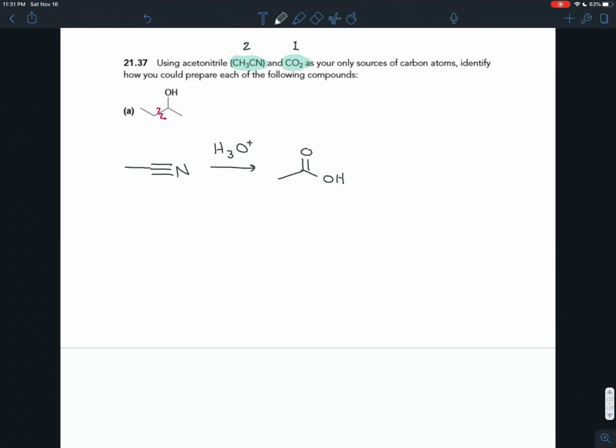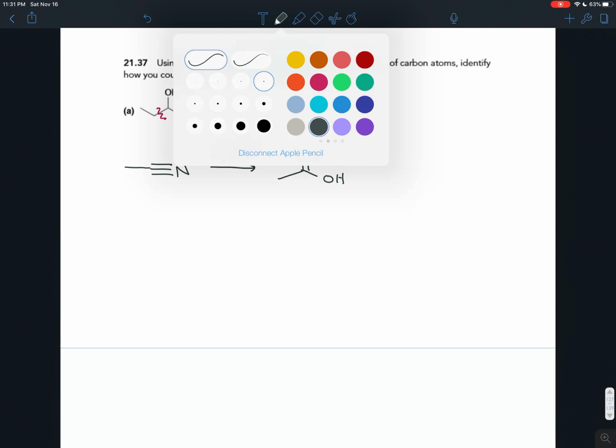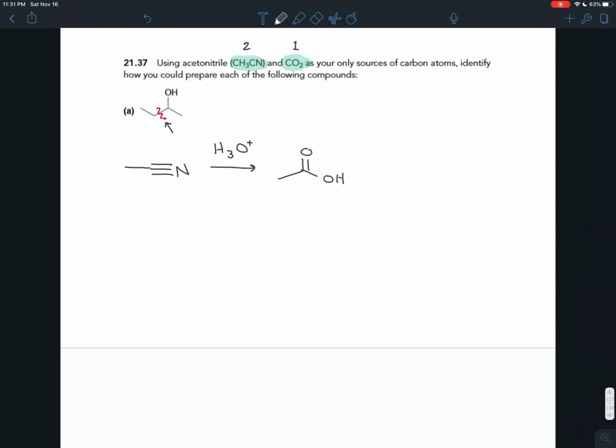Okay, so what can we do with this? This definitely looks more similar to the kind of stuff we want. Now, one thing we would notice is that we have to form a carbon-to-carbon bond. And that carbon-to-carbon bond would suggest something like a Grignard reagent, some sort of carbon nucleophile.